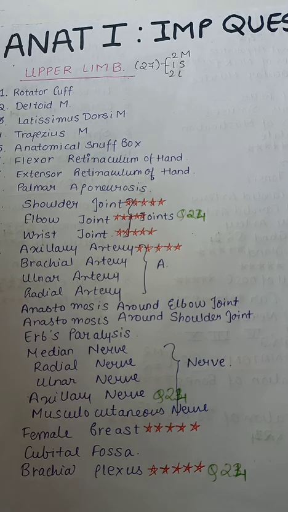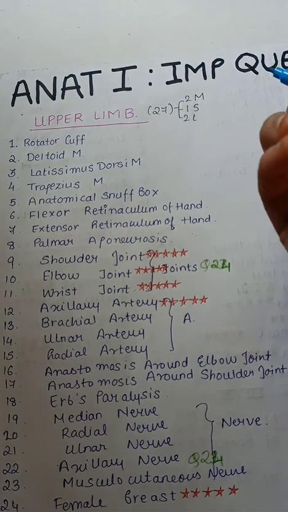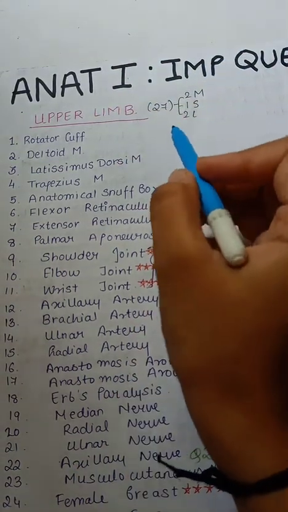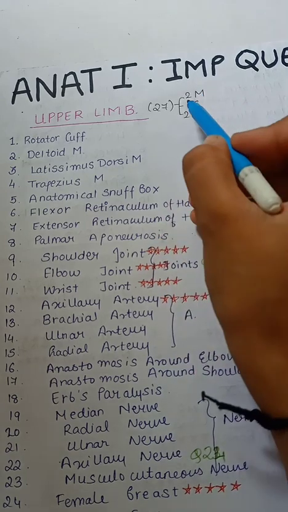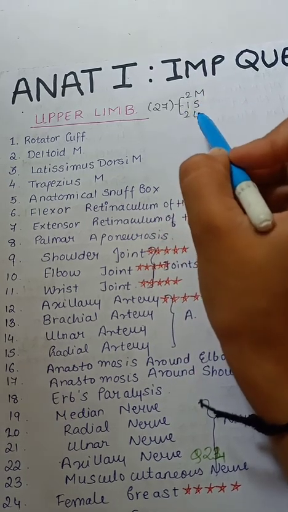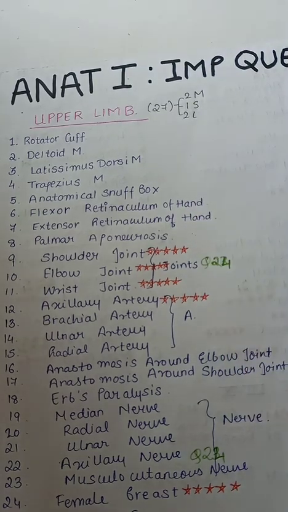So let's begin. In paper 1 we have upper limb, for which 27 marks are allotted, of which 2 marks MCQ, 1 SAQ and 2 LAQ will be present in your examination from upper limb.